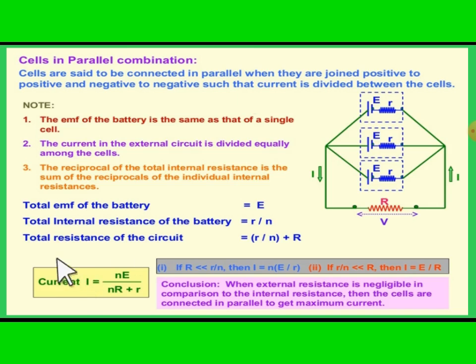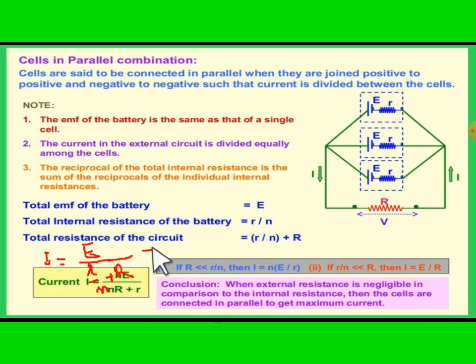Now what will I be equal to? The total EMF is E, right? Total EMF is E, and total internal resistance is r by n plus R, right?